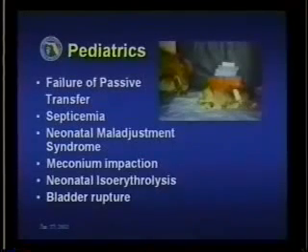Neonatal isoerythrolysis is a disease that causes foals' red blood cells to be attacked by the antibodies contained in the colostrum, and this is inherent to the mare. Most of the time, these are mares that have had several foals in the past, and this is caused by the fact that they have a blood type that is different than the stallion's blood type, and if the foal inherits the blood type from the stallion, the mare has formed antibodies against this blood type that are passed on to the foal when the foal ingests the colostrum.